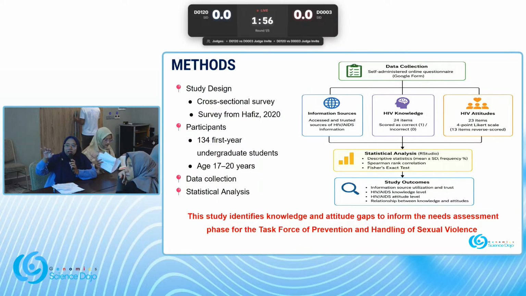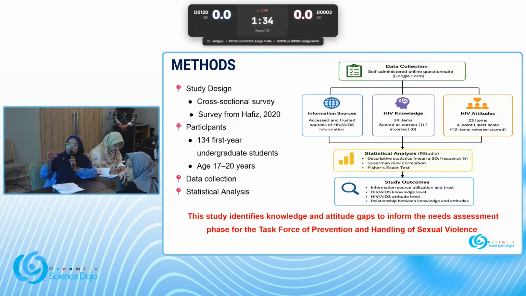This study uses a cross-sectional survey from Hafiz 2020 with 134 first-year undergraduate students, and then we collected data about information source, HIV knowledge, and HIV attitude, and then we did a statistical analysis, and the study identified knowledge and attitude gaps to inform a needs assessment for Satgas PPKS for handling sexual violence.